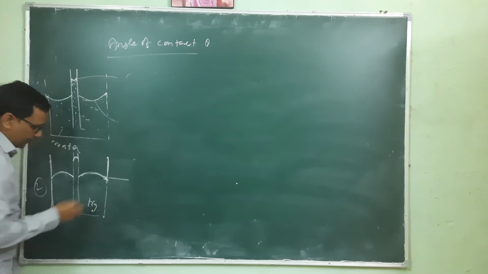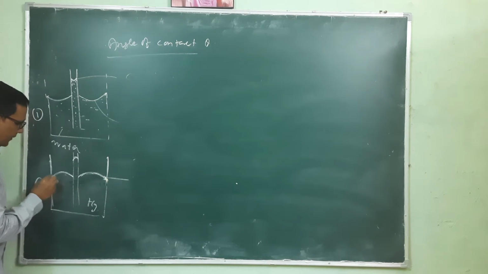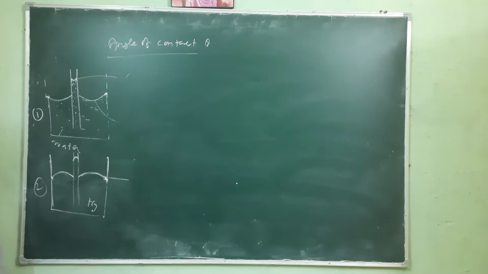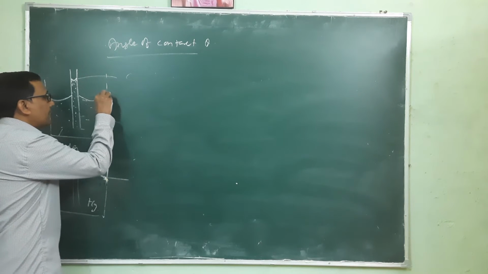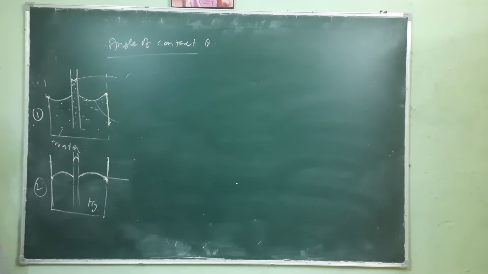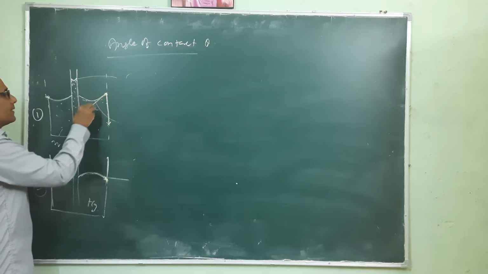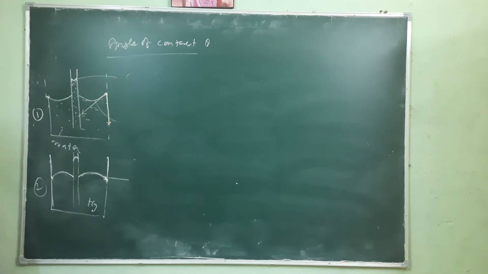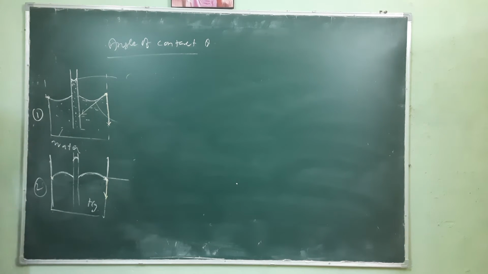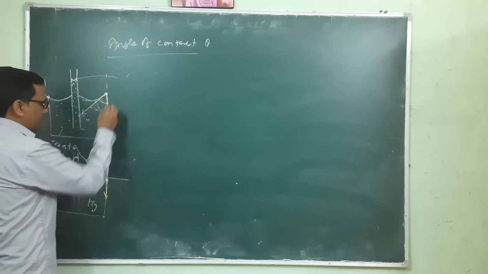At this contact point, we draw a tangent to the surface of the container and a tangent to the meniscus in the first case. In the second case, again the tangent to the surface of the container, and the tangent to the meniscus is like this. This angle is known as the angle of contact.